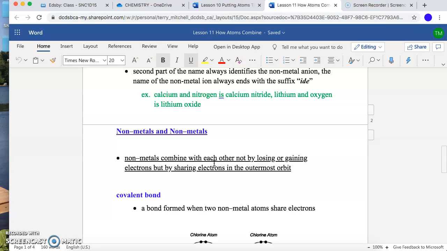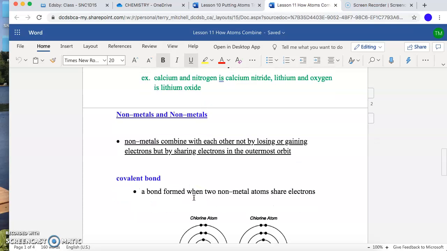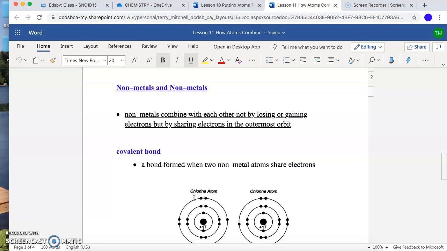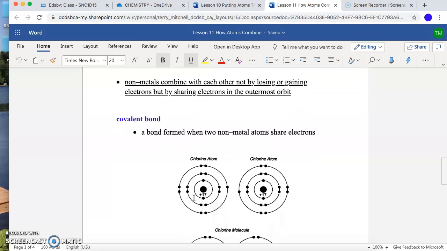They don't lose or gain electrons, but they share them. In this case, I like the term sharing is caring. We call these bonds either covalent or molecular bonds. Depending on which textbook or resource you're using, you may see it as molecular or covalent. So this is a bond when two nonmetals share electrons.